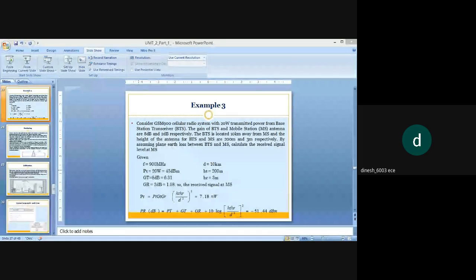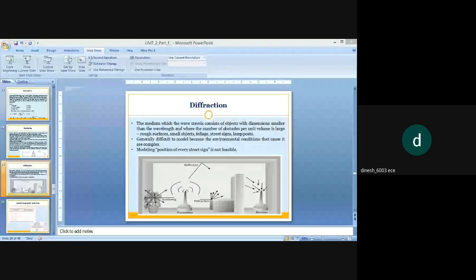Okay, since there are no queries in the chat box, I'll proceed on to the next slide, which is scattering.